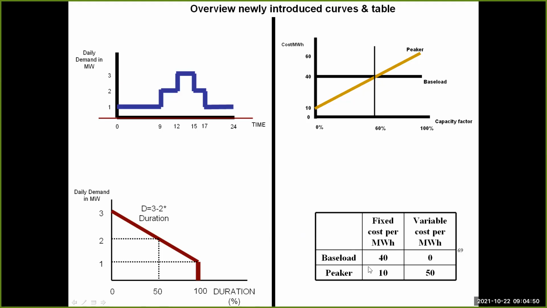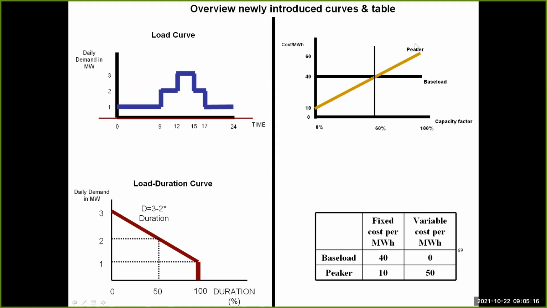And so we basically talked about a lot of different curves. So just to recapitulate, this is what we call the load curve, showing the demand over the day. This is then the load duration curve. So we derive the load duration curve from the load curve. This is the demand side.